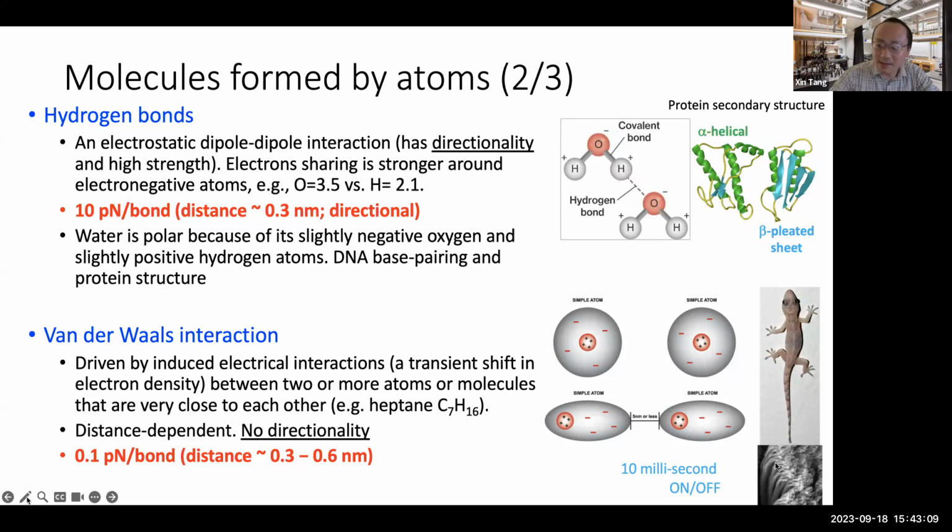And being denser, with many of them, we have many small forces that can be manipulated by the gecko. Okay, then together they enable sustaining the weight of the gecko.